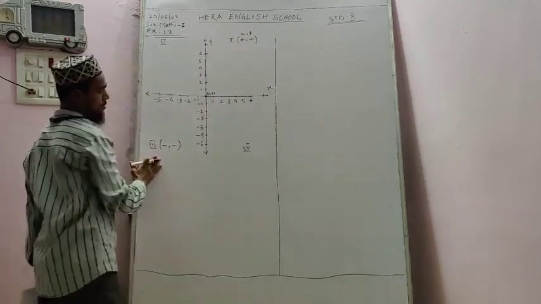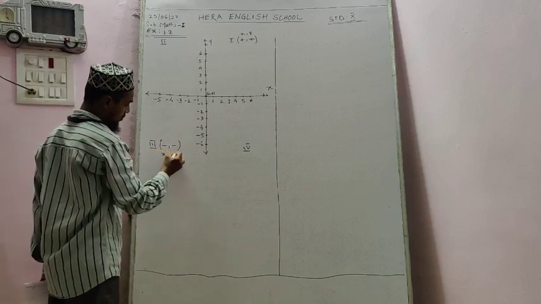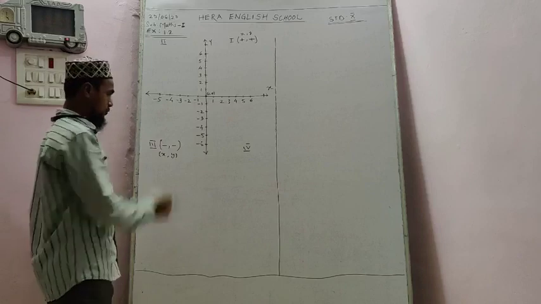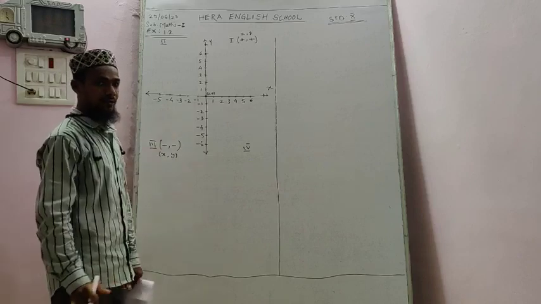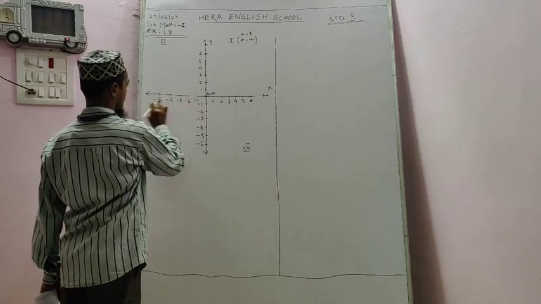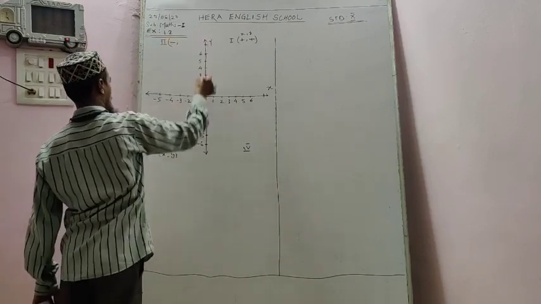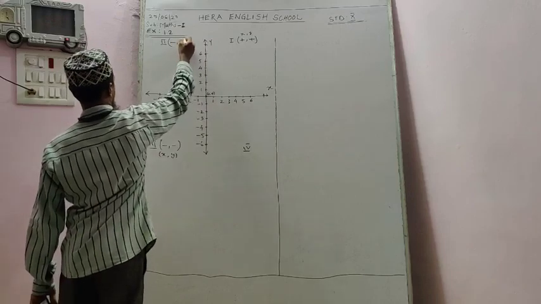Opposite to this, in the third quadrant we have the first value x negative and the second value y negative, so both values are negative. Now in the second quadrant we have the x value negative, the first value, and the second value y positive.